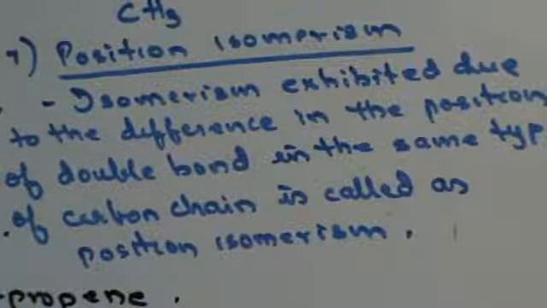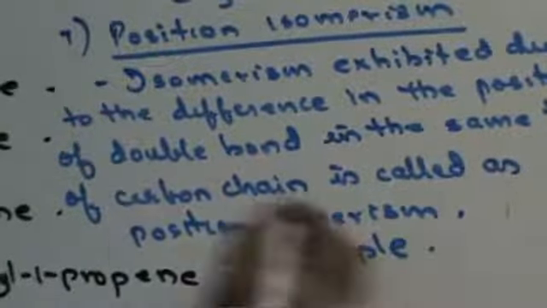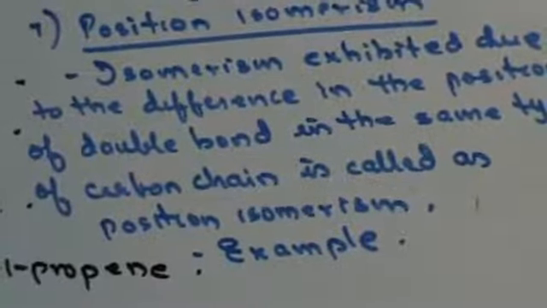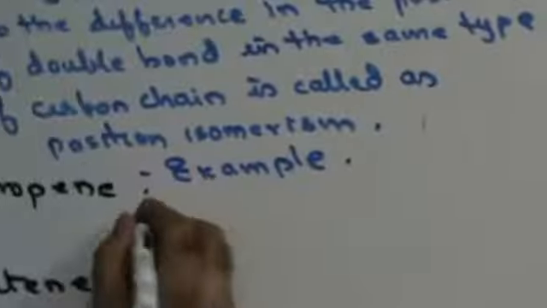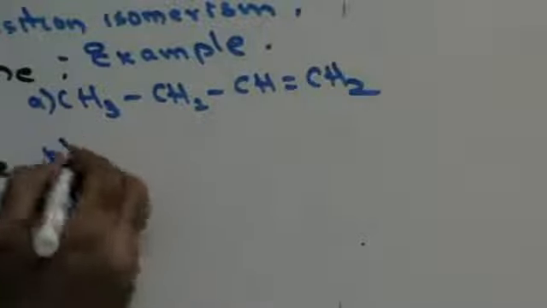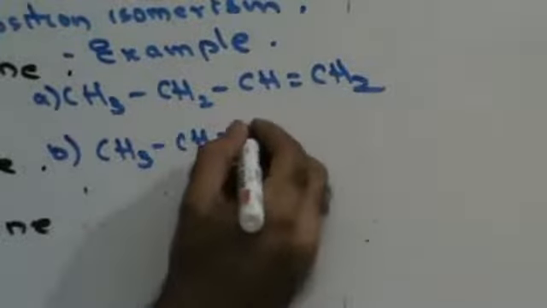Right? For example, if I consider butene, I can have CH3, CH2, CH, CH2. Here the double bond has been attached to the first carbon atom, this is 1-butene, or I could have 2-butene, wherein I could have CH3, CH, CH, CH3.